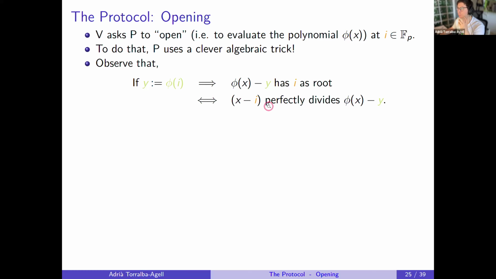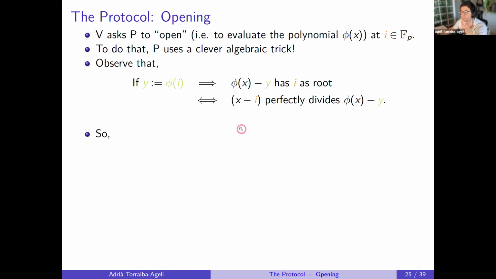What does it mean to perfectly divide? It means that if we take phi of x minus y and divide it by x minus i, we have another new polynomial without a residue in the division, in the quotient.